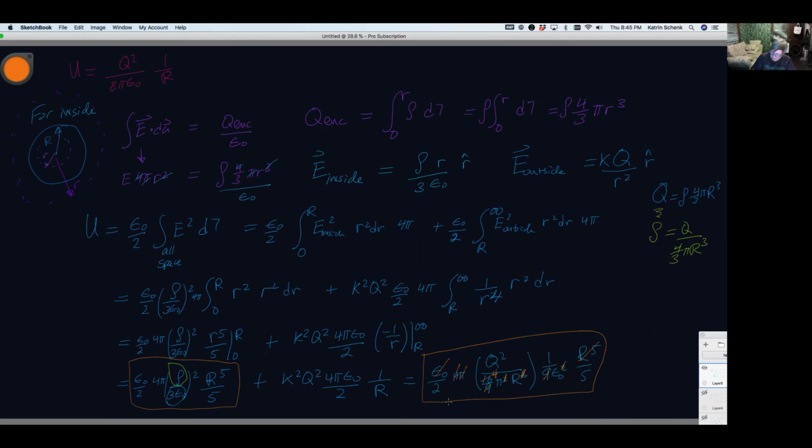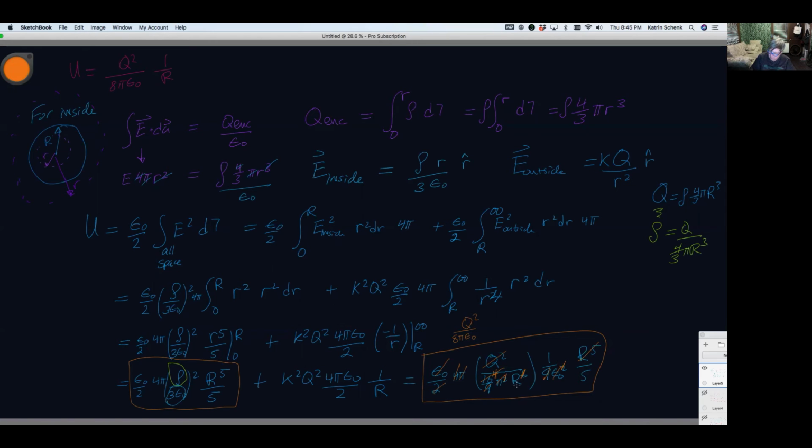So what do we get? We get Q squared, so that takes care of the Q squared. We get 8 pi epsilon naught, so that takes care of the 2, the 4, the pi, and the epsilon naught.